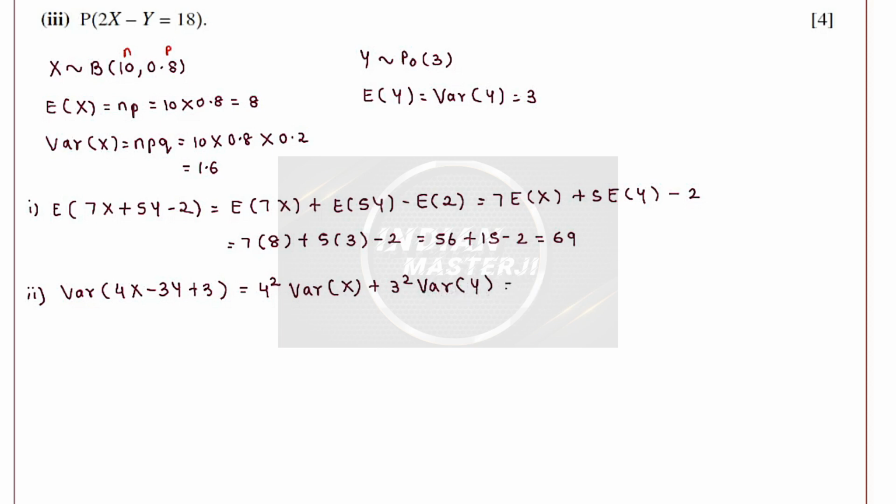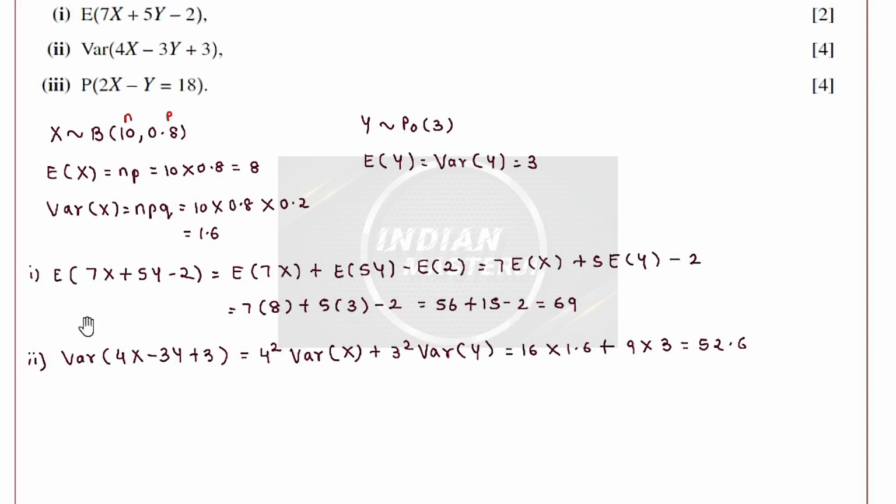So here we get 16 into variance of X, which is 1.6, plus 9 into variance of Y, which is 3. If I solve this, I'll get 52.6. So this answers the second part.